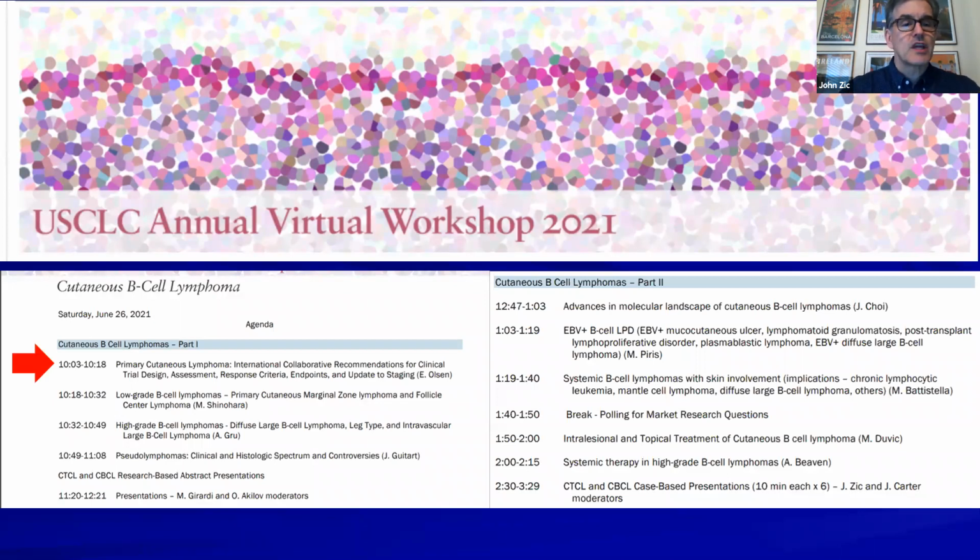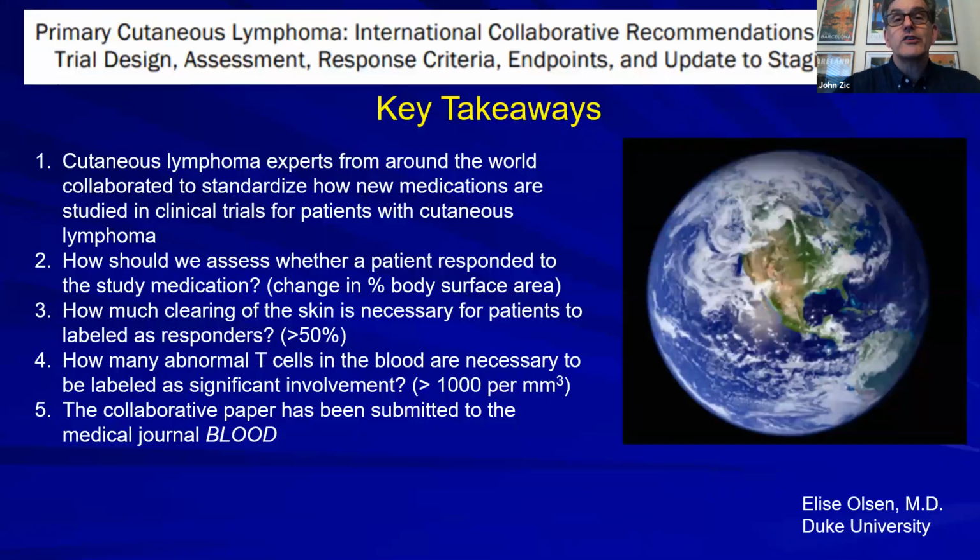So let's get started. First, let me summarize Elise Olson's talk about primary cutaneous lymphoma and the international collaborative recommendations for clinical trial design, assessment, response criteria, endpoints, and update to staging. As you may know, Elise Olson is an internationally recognized expert on cutaneous lymphoma, and she's also an excellent leader.